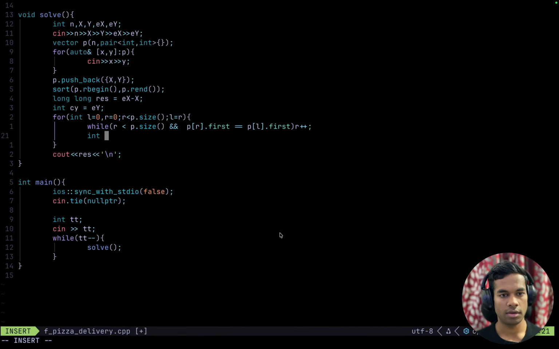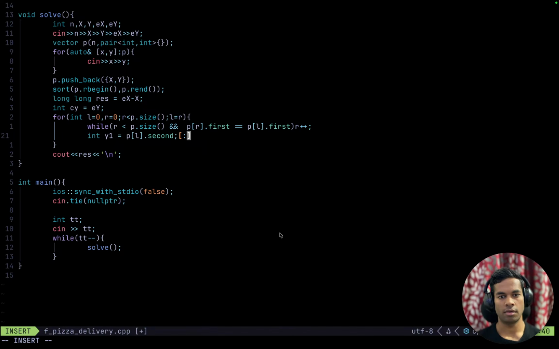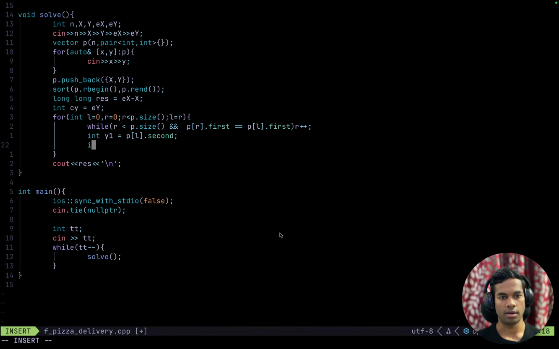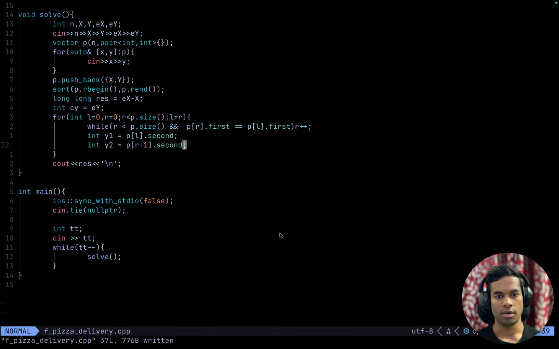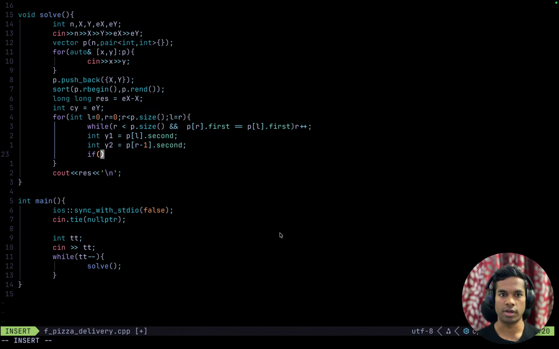So int y1, one of the y's, is pl dot second, and int y2, the second y, is pr minus 1 dot second, and we have to look at which one is closer.